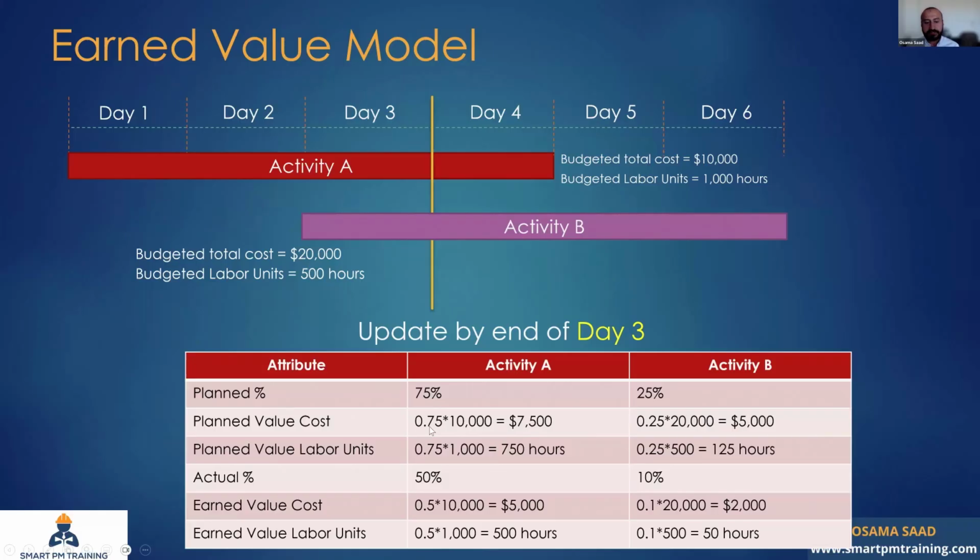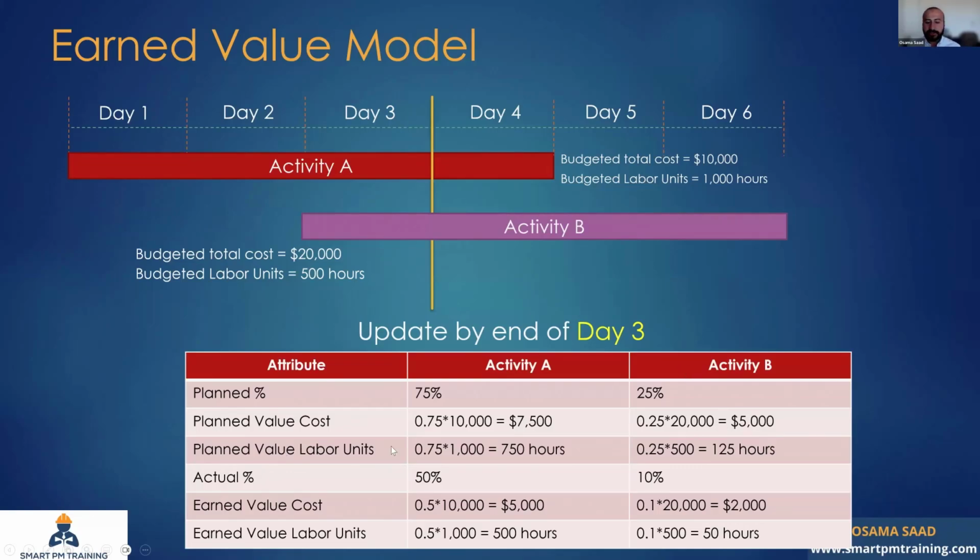So 75% multiplied by the total cost of $10,000. So the planned value cost is $7,500. This is how much I should have achieved as per the baseline. For activity B, it's 25% times the $20,000.